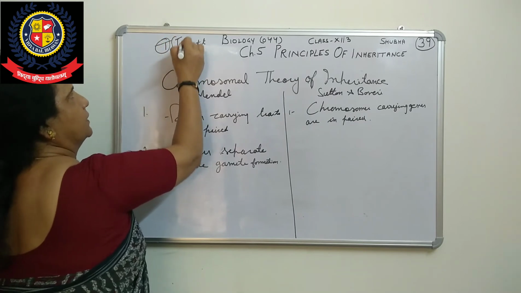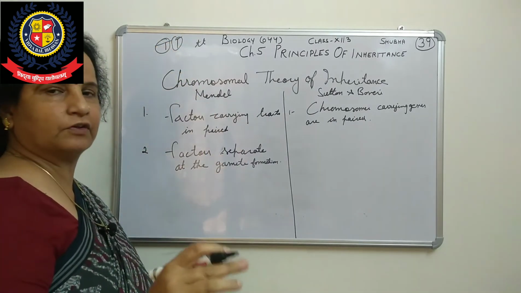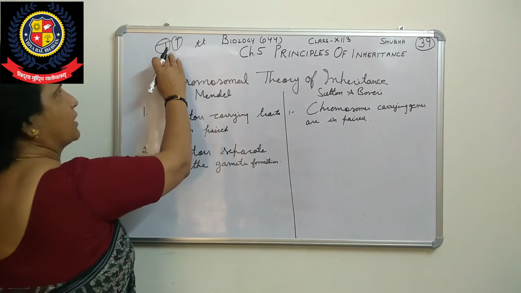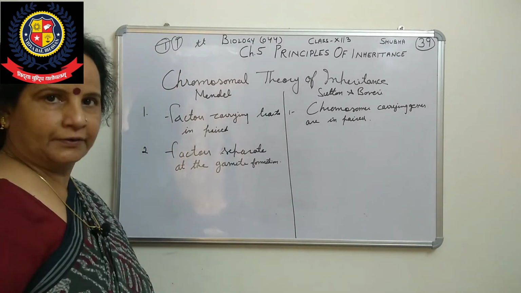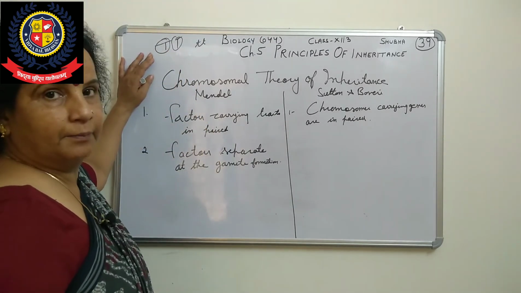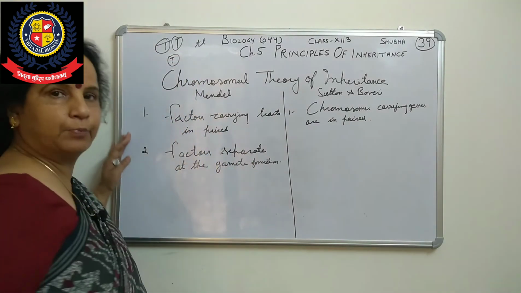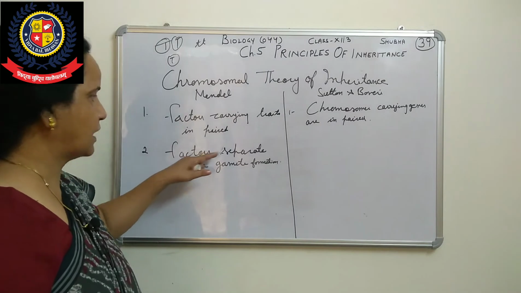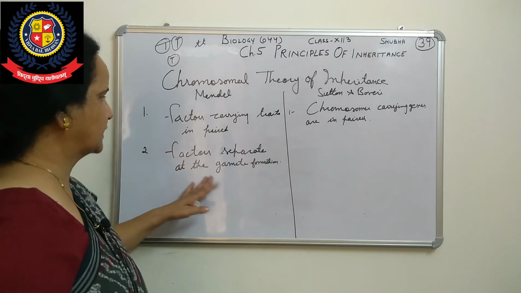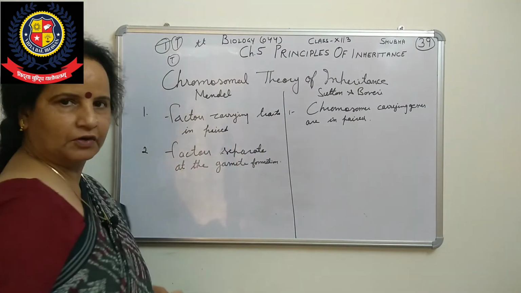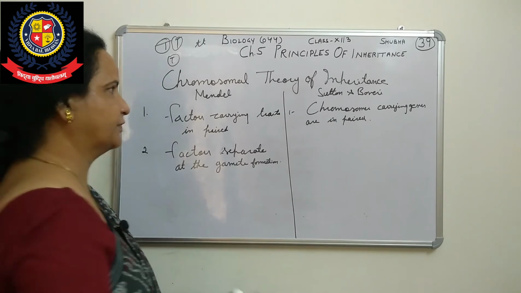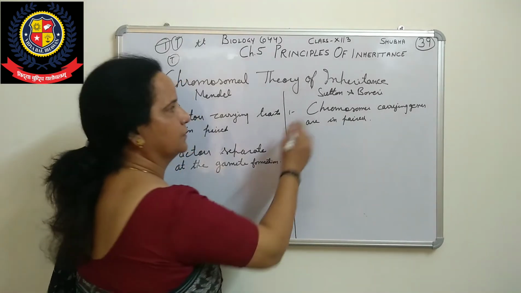This one is one gamete, meaning earlier they were in pairs, diploid, but at the time of gamete formation they are haploid. In gametes we have only a single one. So factors separate at the time of gamete formation. Clear?